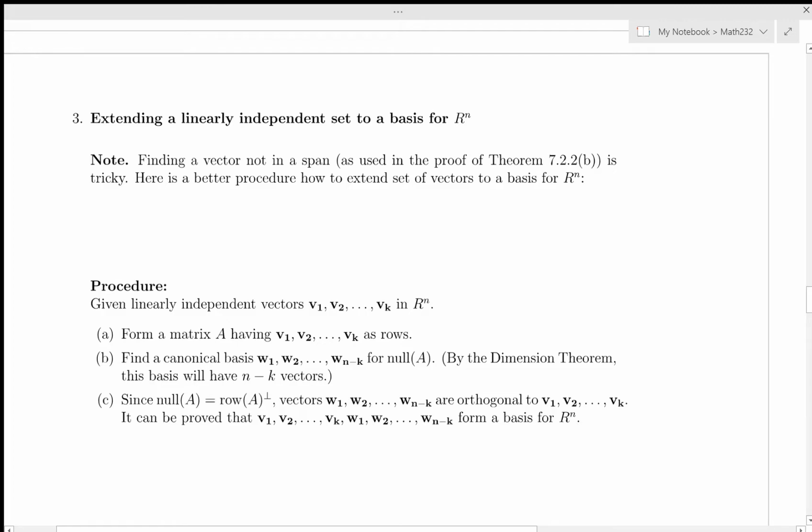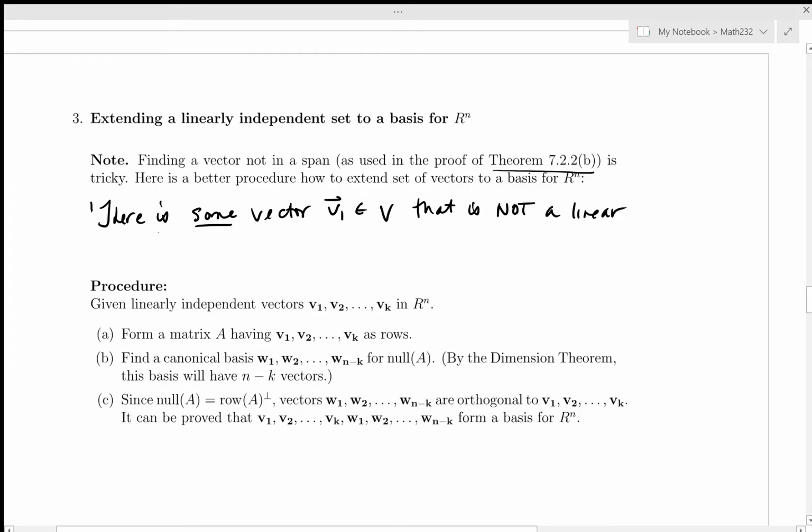So you'll notice, for example, if you flip in the textbook to that proof there, what does it say? It says something like this: there is some vector v1 in V that is not a linear combination of the vectors in S. Okay, fine.